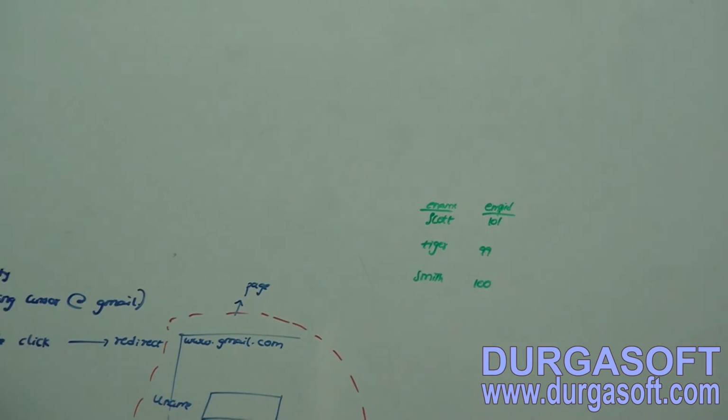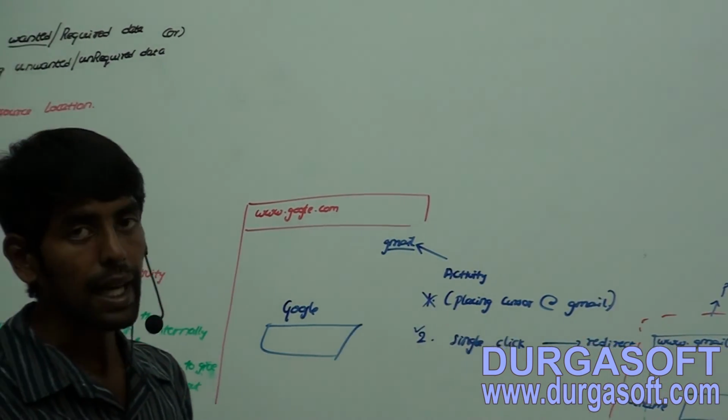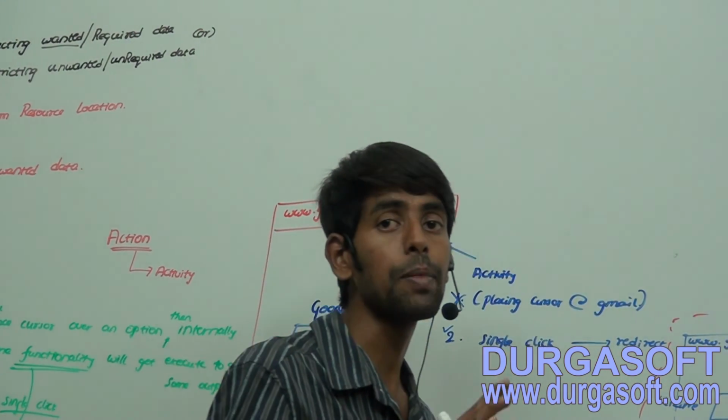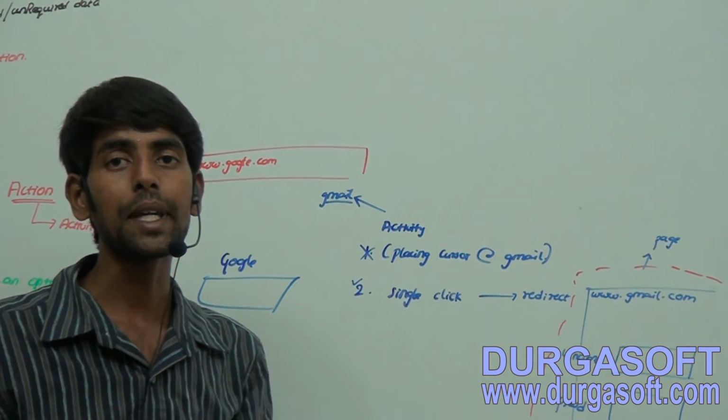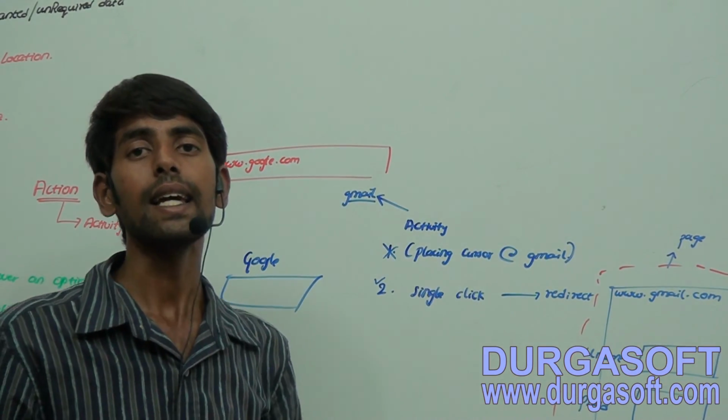Now I want to select only a particular employee who has EMP ID 99. What is that? It means that I am taking my wanted data. It is like filtering.